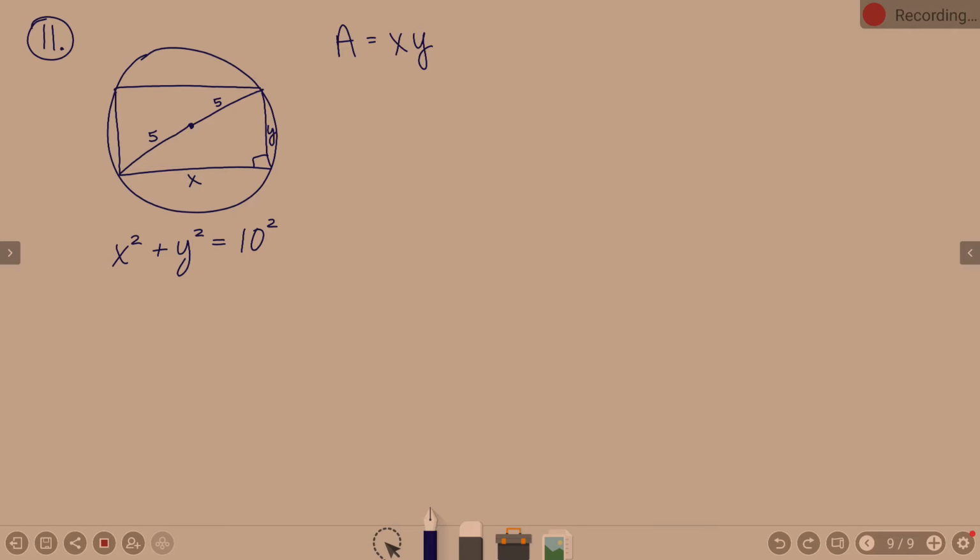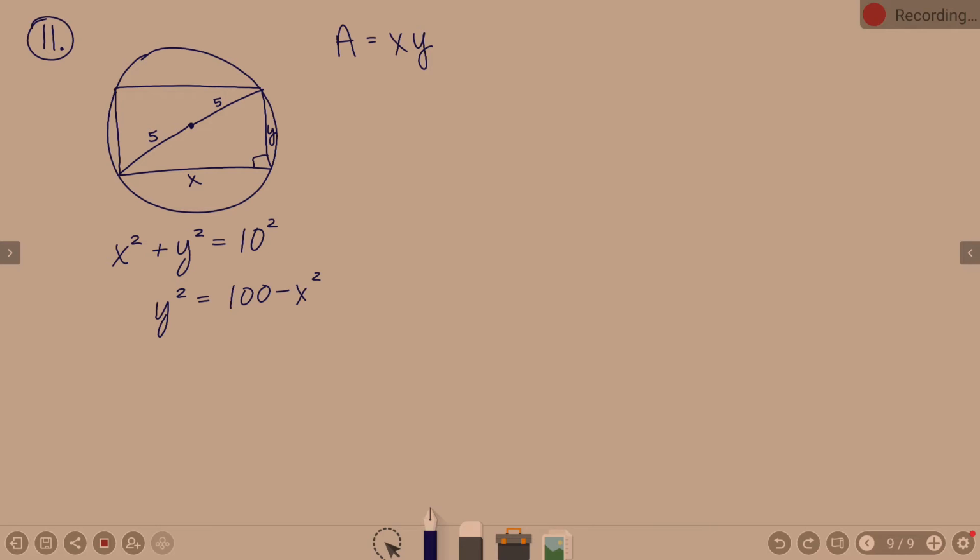Okay, so x squared plus y squared equals 10 squared. So you can solve for x or y, either or. I prefer to solve for y and work in terms of x just because it's what we're more comfortable with. So I'm going to say y squared equals 100 minus x squared.